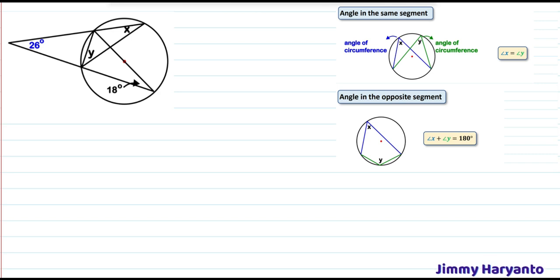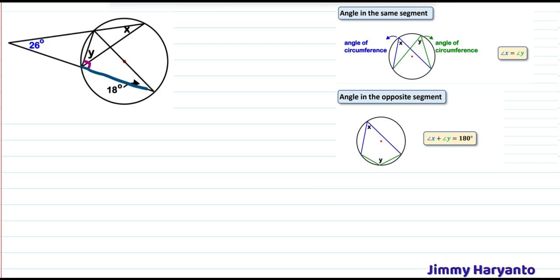Okay, we'll go to the next example question. For this one, I think we should see this one first, the diameter. If that one is a diameter, that means the circumference angle of this one will be 90 degrees. So this is 90 degrees. And then the next is the 18.